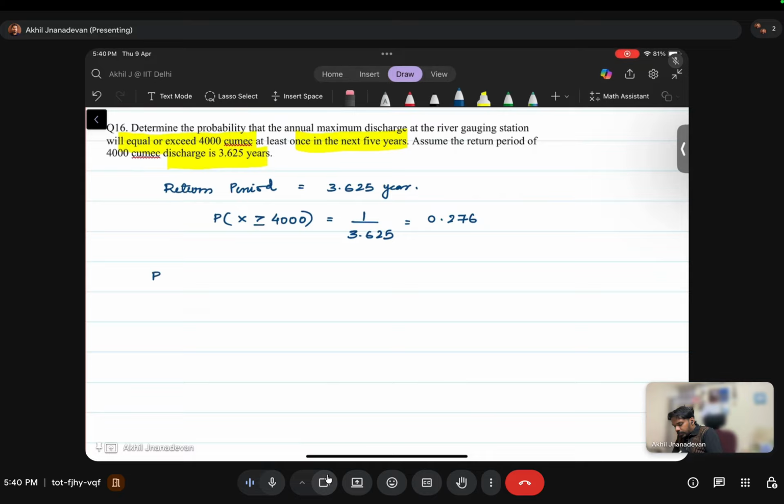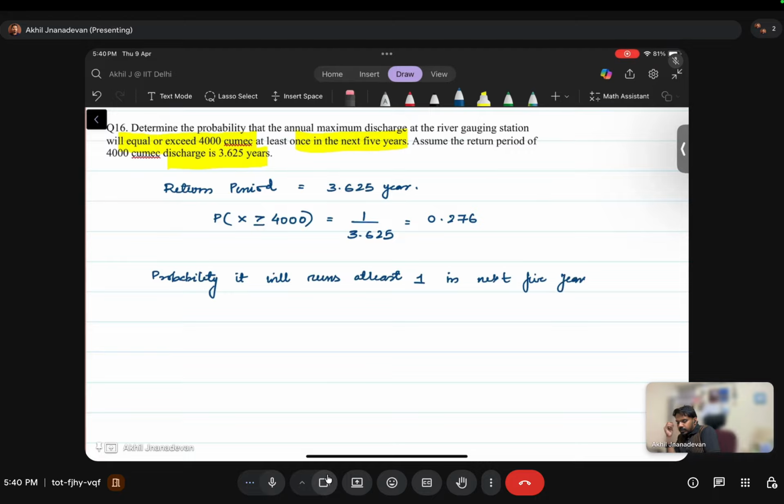So the probability that it will occur at least once in the next 5 years.